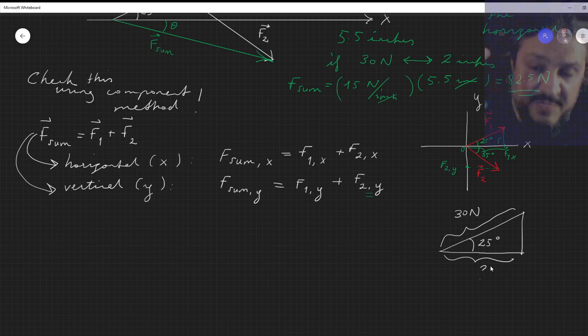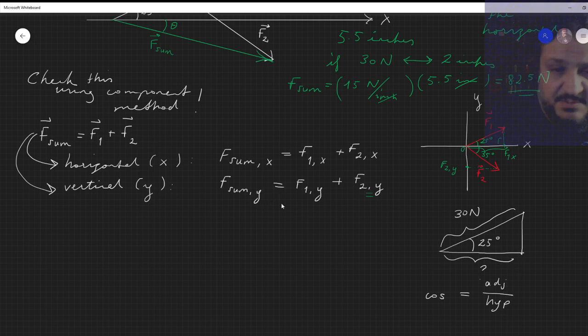So this reminds me of the cosine function, because cosine of any angle is the side adjacent divided by the hypotenuse. So if you multiply both sides by the hypotenuse, you get the adjacent side.